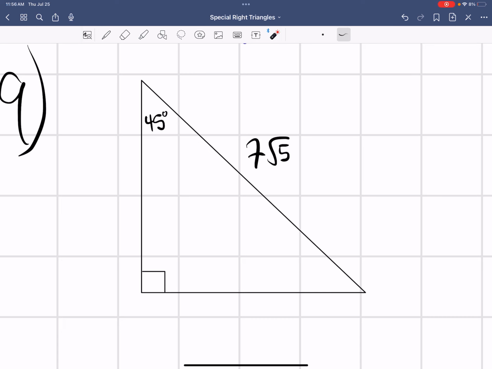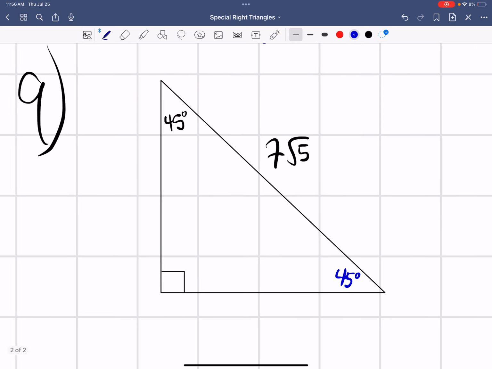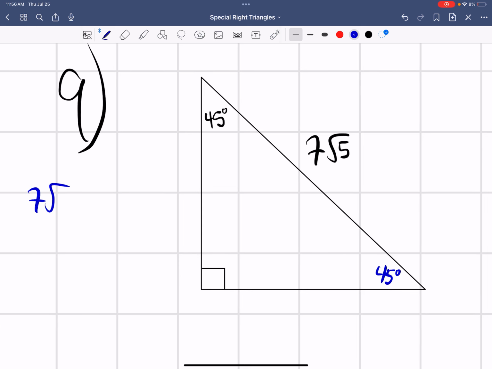If the first acute angle is 45, the second one must also be 45. So it's a 45, 45, 90 triangle. To go from the leg to the hypotenuse, we multiply by root 2. So to go from the hypotenuse back to the leg, we'll divide by root 2. So that'll give us 7 root 5 over root 2.